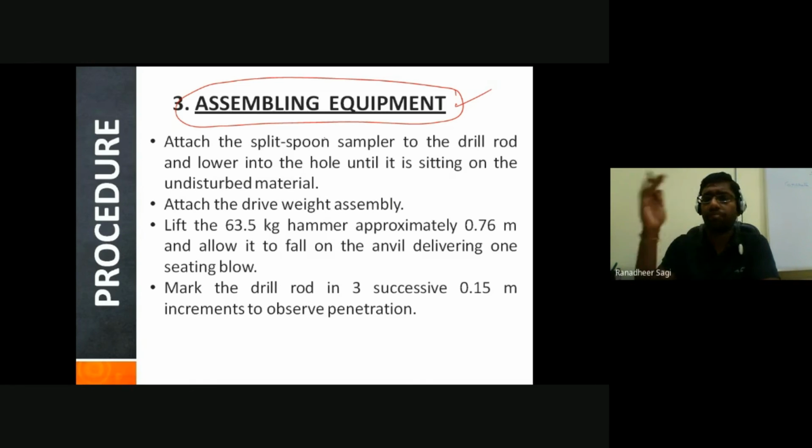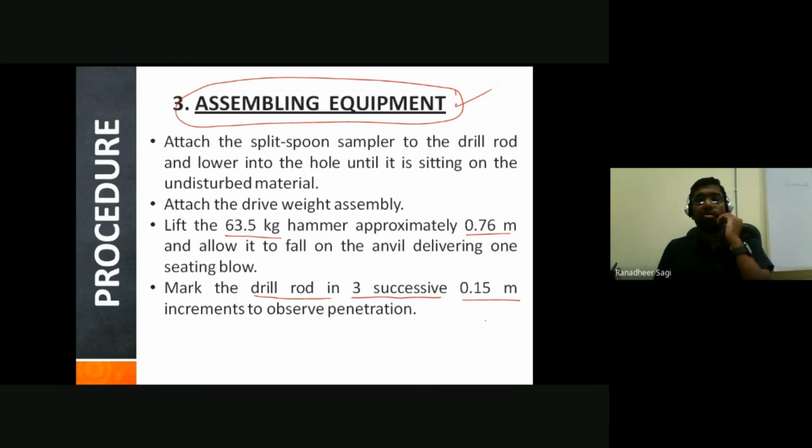That complete test setup has to be properly assembled, where the hammer should be a standard hammer of 63.5 kg with a free fall height of 76 centimeters. And we should have markings done on your connecting rod with a piece of chalk in 3 successive intervals of 0.5 meter.